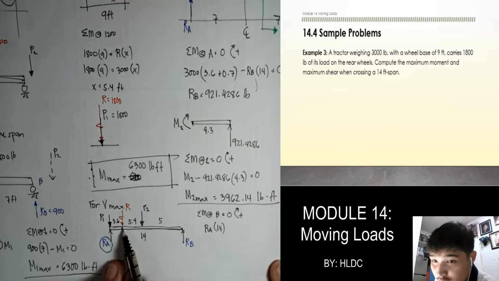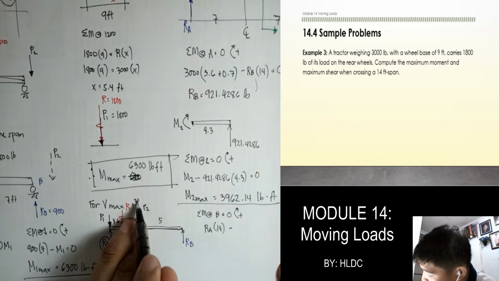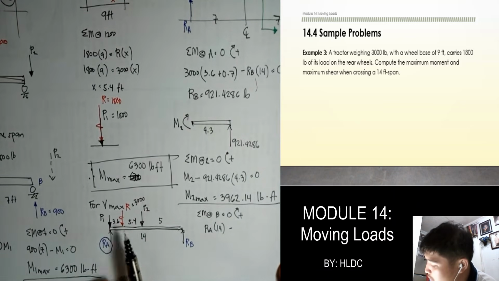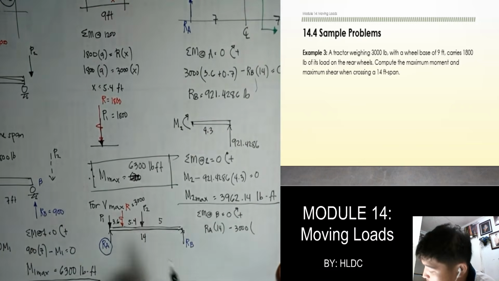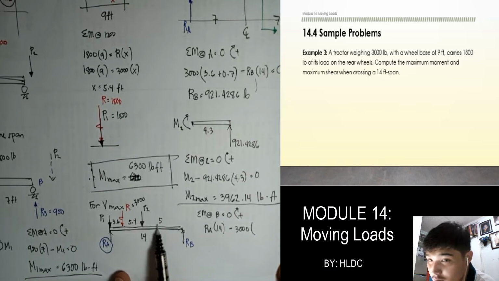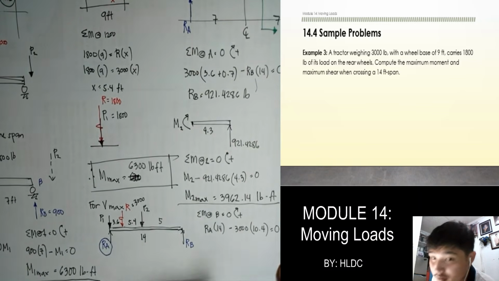So yung resultant na lang yung moment ko. So minus yung resultant, ilan to, class? Diba 3,000 yan? Kasi since lahat ng load is nandun sa span. So 3,000 times the moment arm, ilan to? 5.4 saka 5. So 10.4. So equals 0.